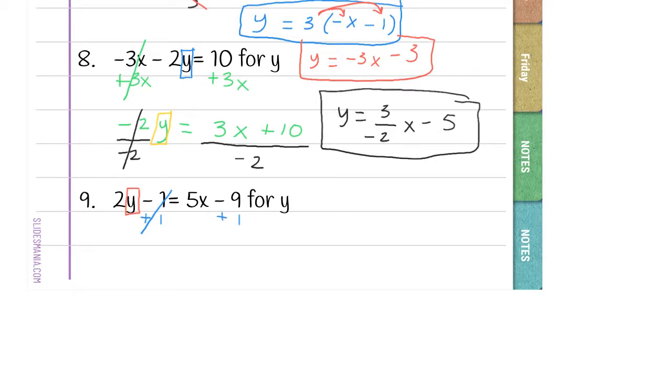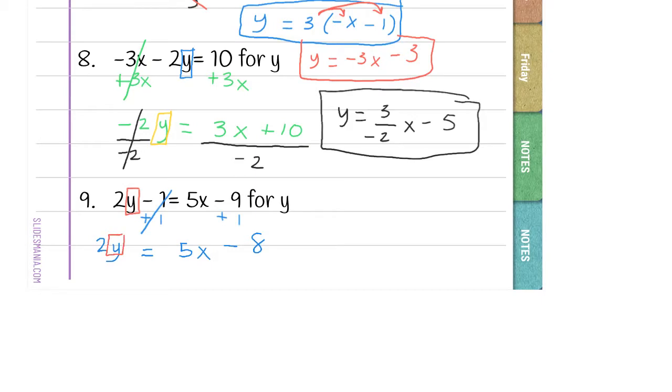So I'm only going to put it with that negative 9 and not the 5x. So then I have 2y is equal to 5x. Now I can go ahead and combine that negative 9 and the plus 1. What's negative 9 plus 1? Well, that's negative 8. All right, and I still have a box around that y.